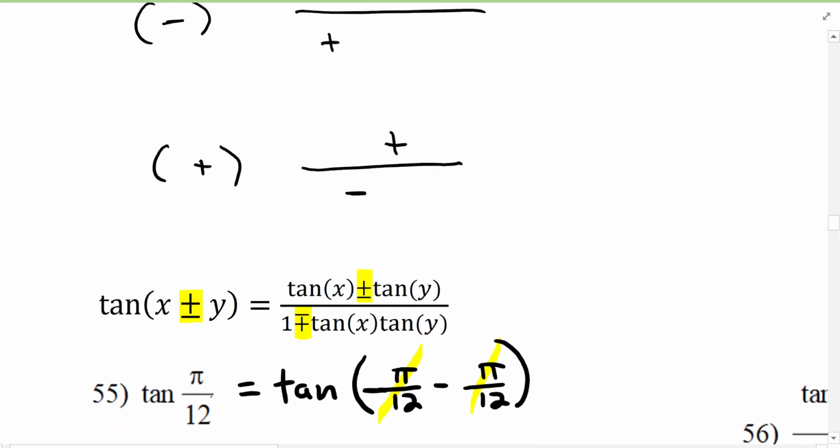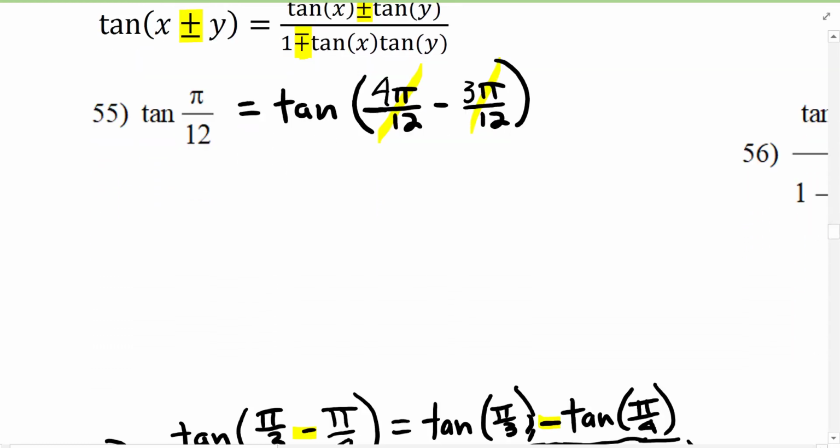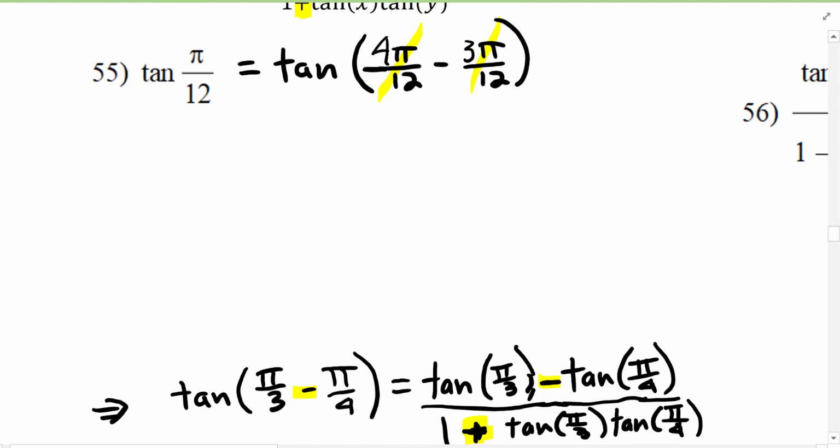So again, we have pi twelfths. Well, this is going to be a subtraction problem because that's just 1 pi twelfths. So I think I went with 4 pi twelfths, subtract 3 pi twelfths, and then those cancel to pi thirds, because that cancels to 1 over 3, that cancels to 1 over 4.